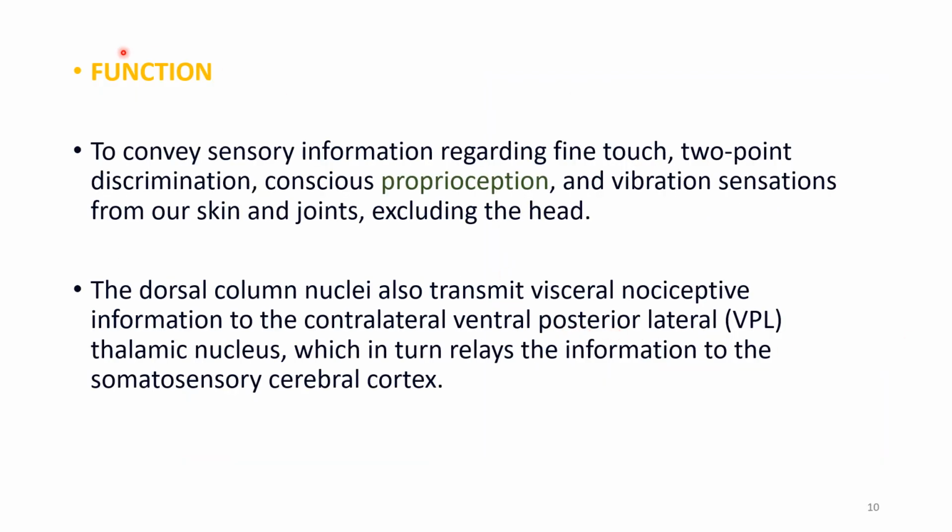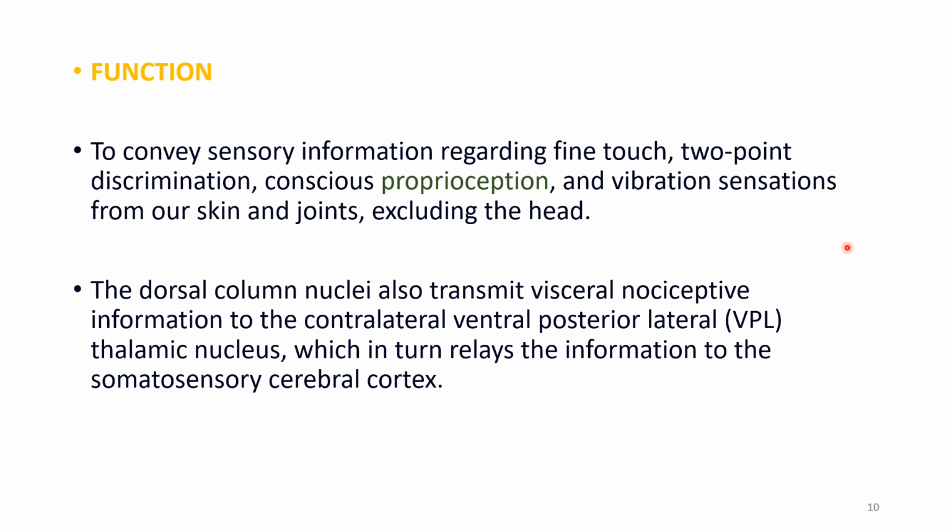Then what is its function? To convey sensory information regarding fine touch, 2-point discrimination, conscious proprioception and vibration sensations from the skin and joints excluding the head. So this is the function of the posterior column medial lemniscus pathway.